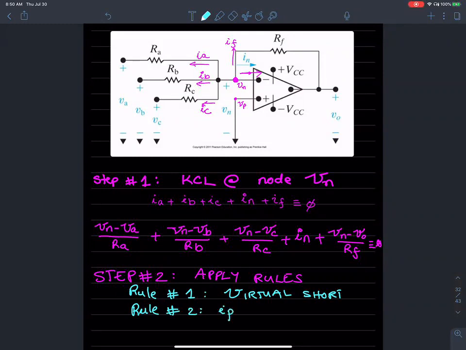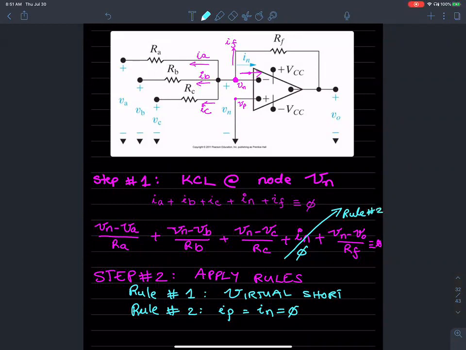The current going in IP is IN. All of that is really 0. So rule number 2 is really easy to implement. That's this guy. All of that equals 0 because of rule number 2.